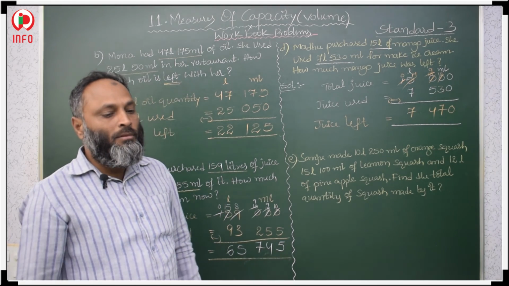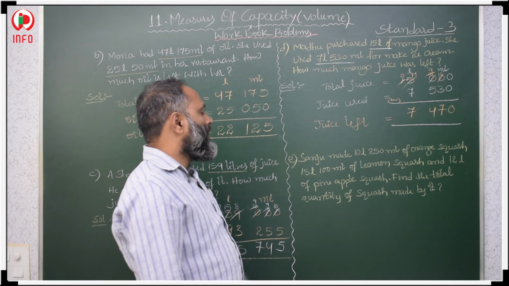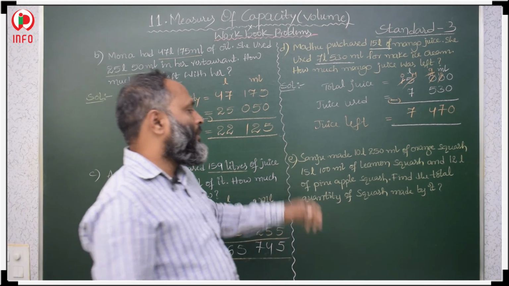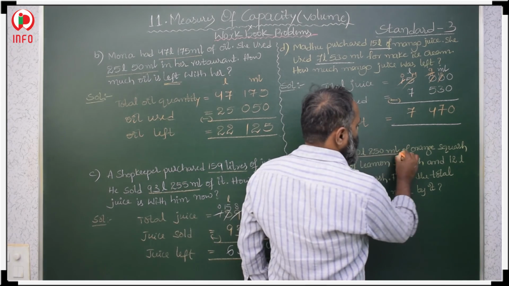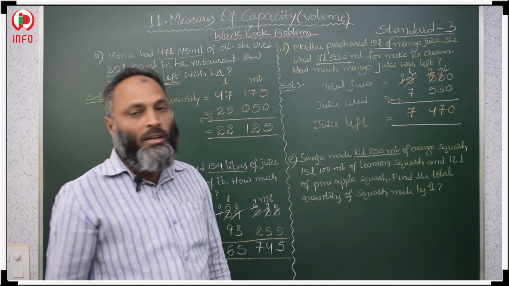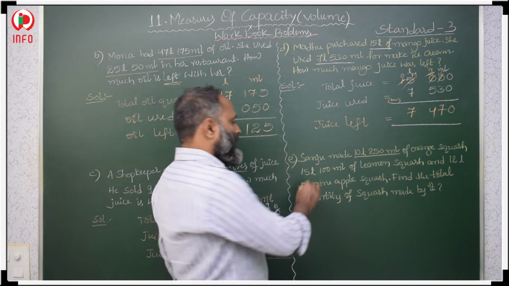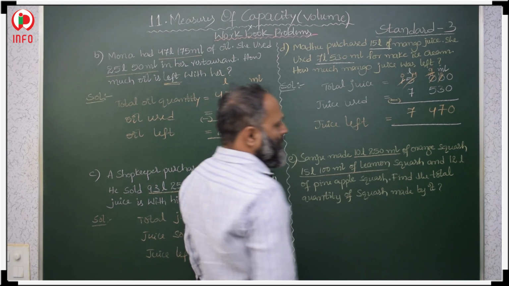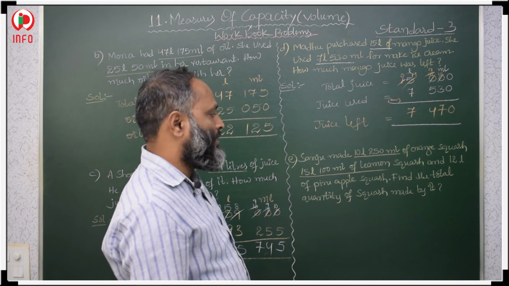Okay. Now after that, Sanju made 10 liters 250 milliliters of orange squash. Then 15 liters of lemon squash and 12 liters of pineapple squash.